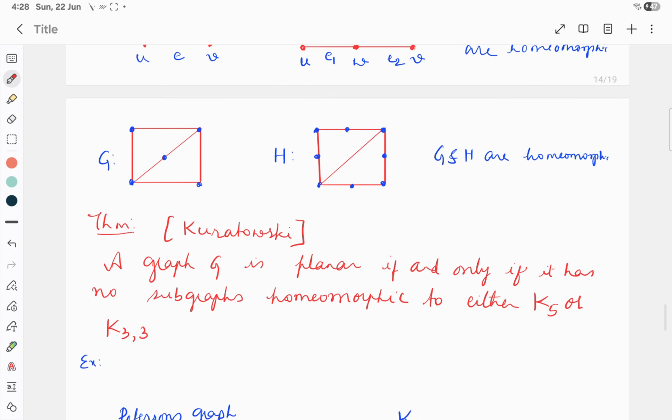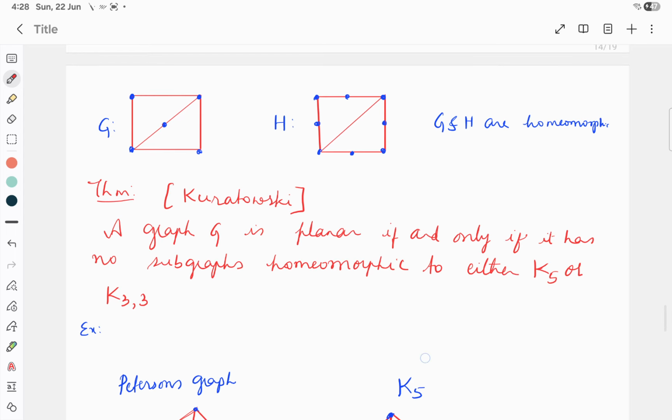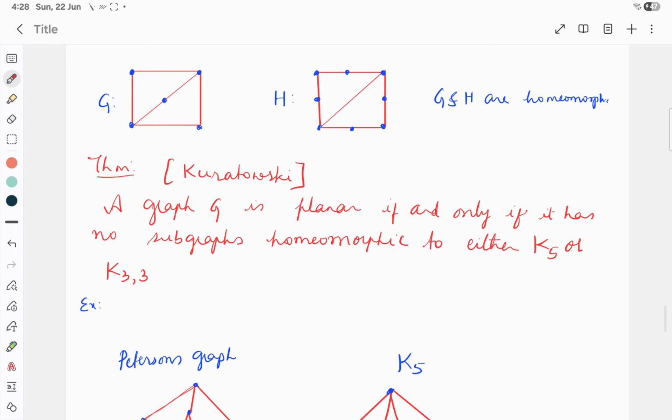Now we are going to give a condition for the planarity of a graph.